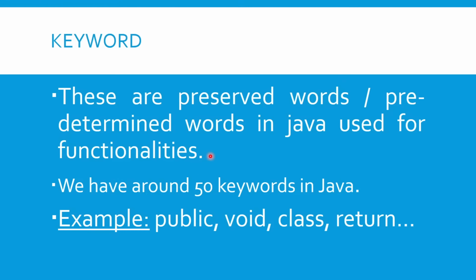For doing a specific task, some words are reserved, and they are predetermined to do the task. If you use the particular word, the specific task it will give. Without using that particular keyword, you can't achieve that task. Okay, guys.